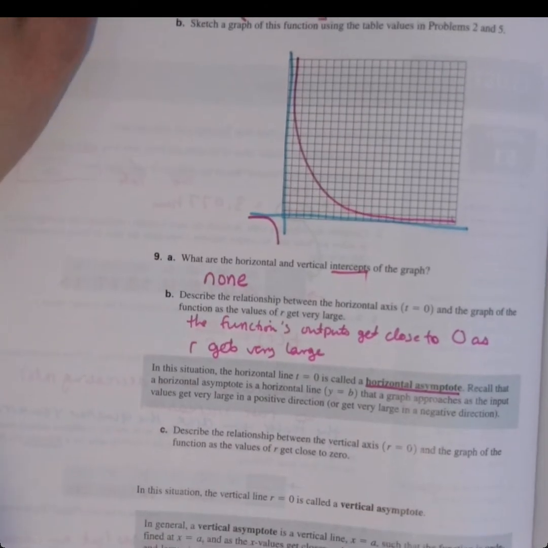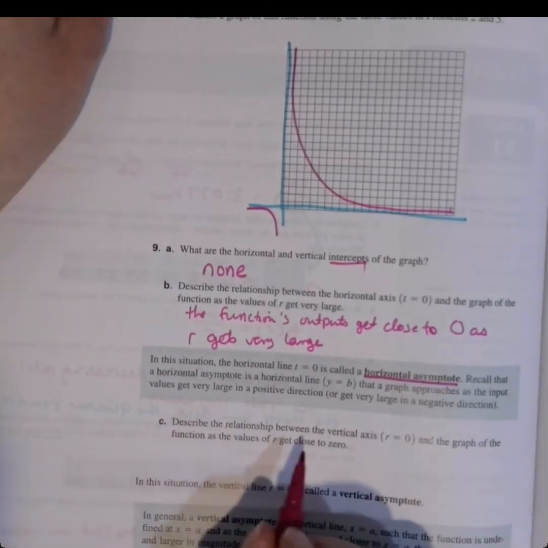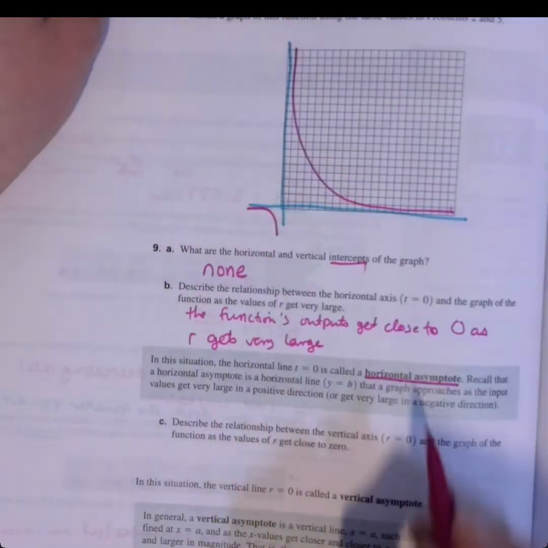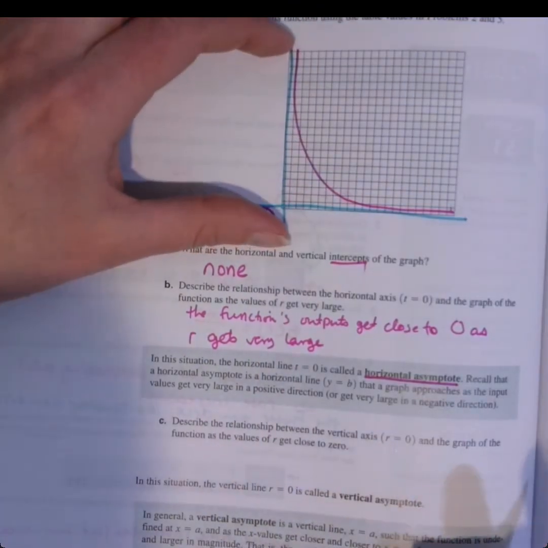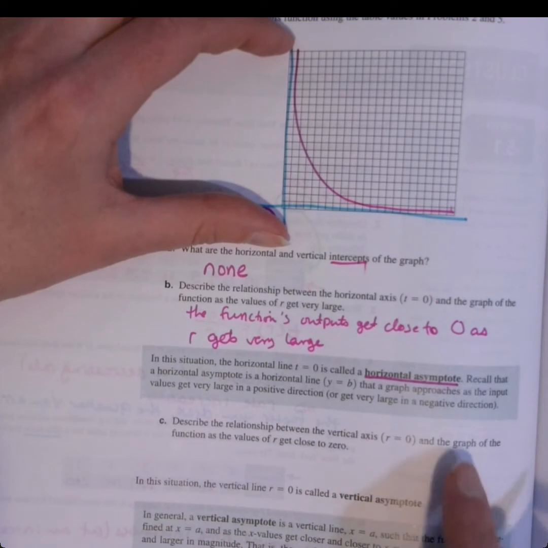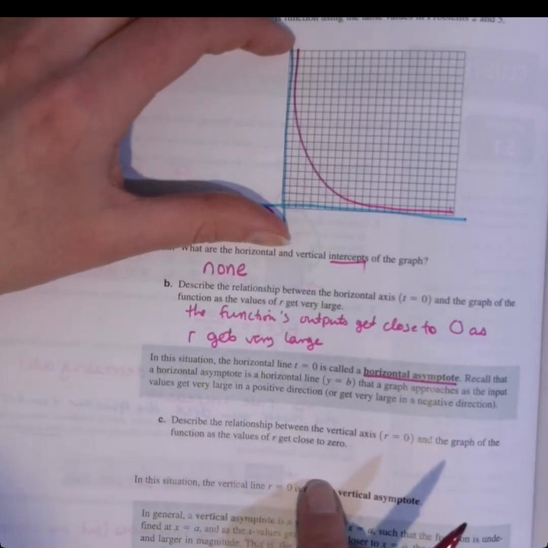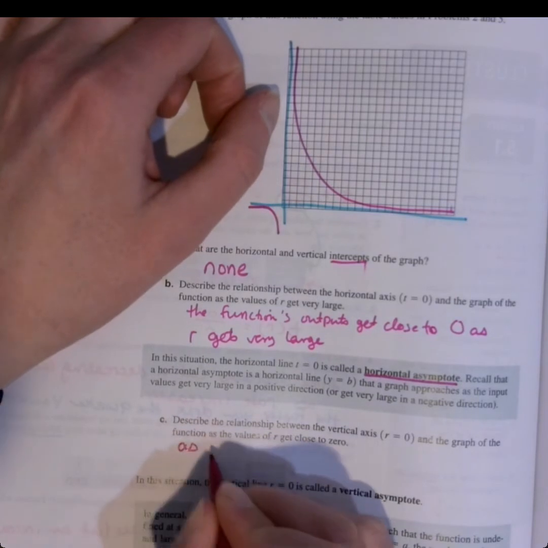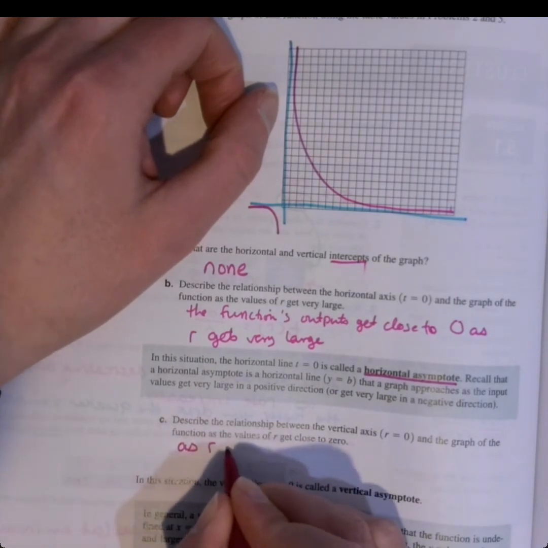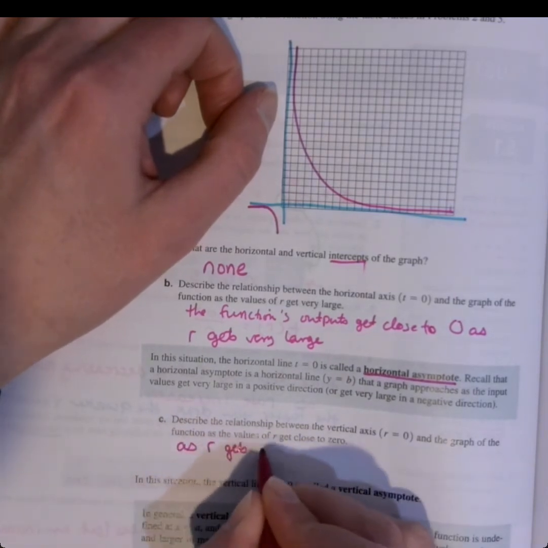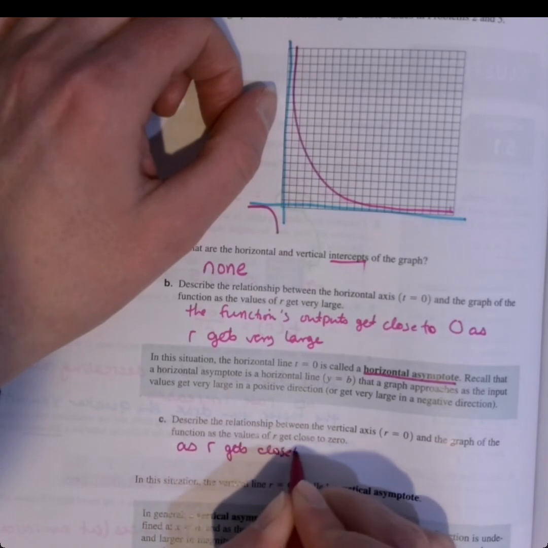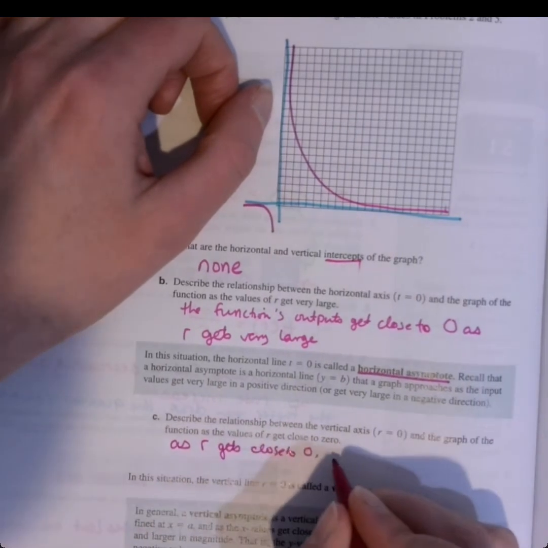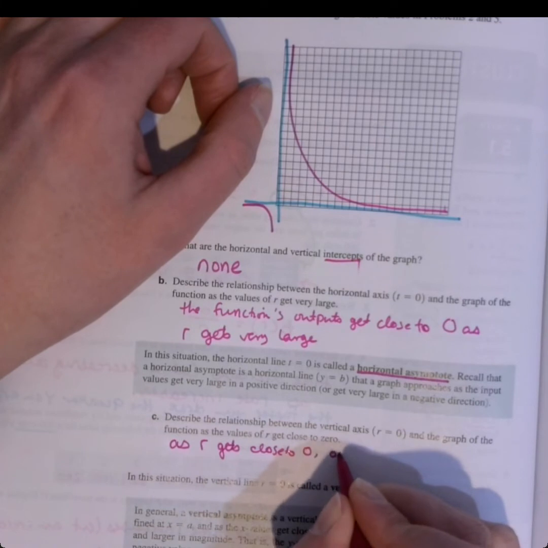Okay, next, describe the relationship between the vertical axis, which is r equals 0, or x equals 0 in a general case, and the graph of the function as the input values get closer to 0. So as r, which is input, gets close to 0, the output values get larger and larger.